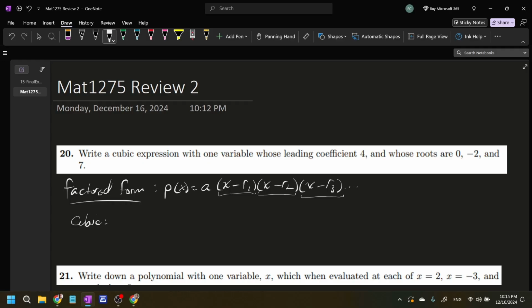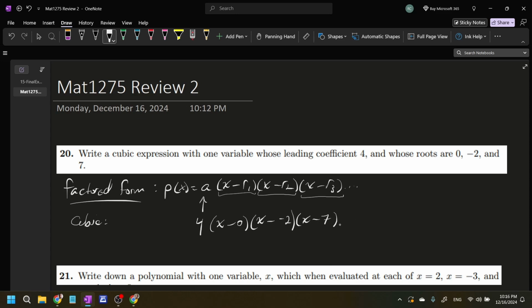So they tell us the leading coefficient is 4. So that means that a is 4. That's our leading coefficient. The roots are 0, -2, and 7. So all we have to do is write this as x minus 0, x minus -2, and x minus 7.